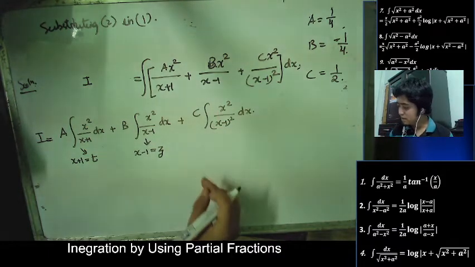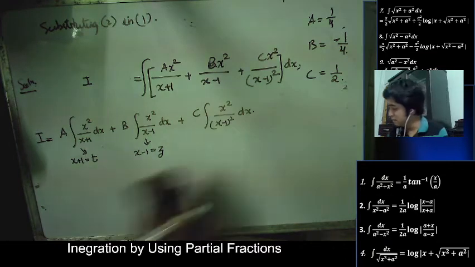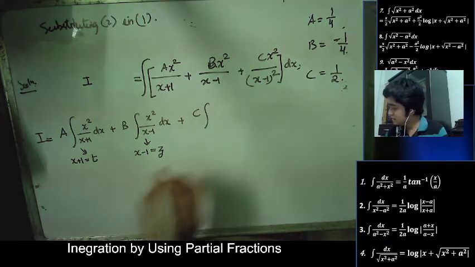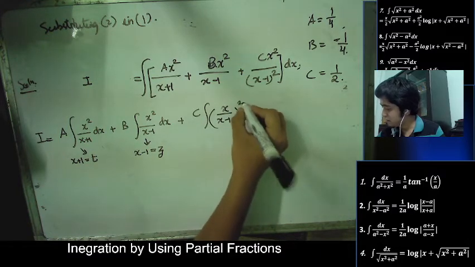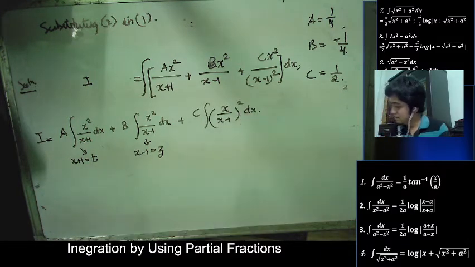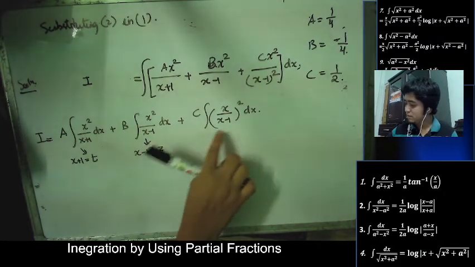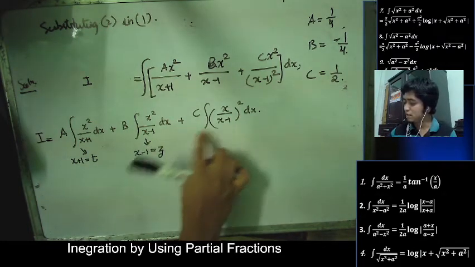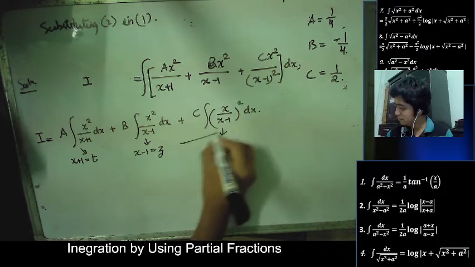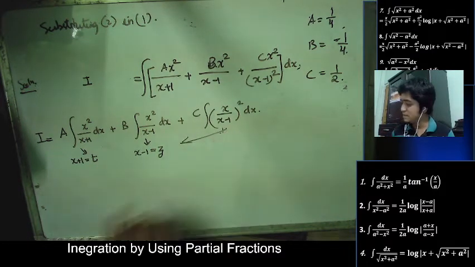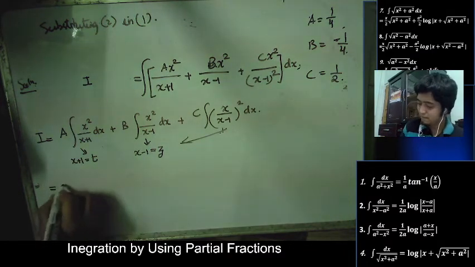Notice that this one can actually be written as x by x minus 1 whole thing square. So again over here we will do the substitution x minus 1 equal to z. Similarly over here we will do the same substitution, x minus 1 equal to z.